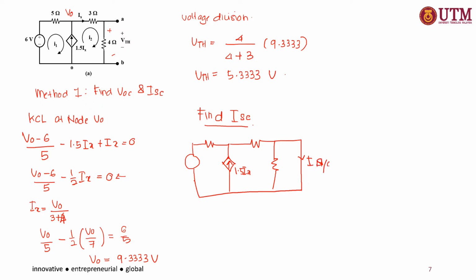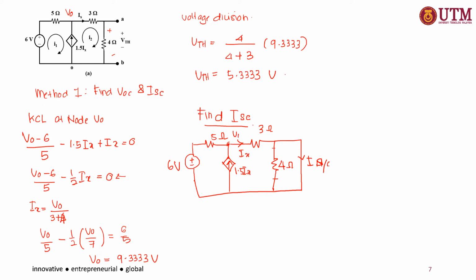This is your I short circuit. For this circuit, you see that the 4 ohm is parallel with the short circuit, which means you can ignore this 4 ohm. Okay, and now we want to find the V at this node first.